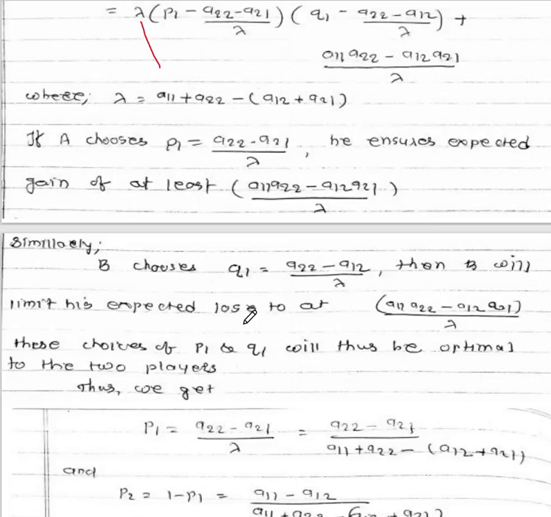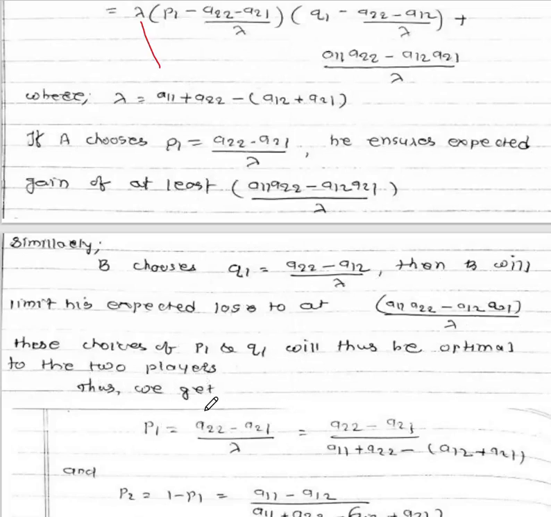Okay, so these are the choices of player A and player B. So player A chooses P1, then player B chooses Q1. If player A chooses P1, then his expected gain will be at least this term. And if player B chooses Q1, then the expected loss for B will be this.